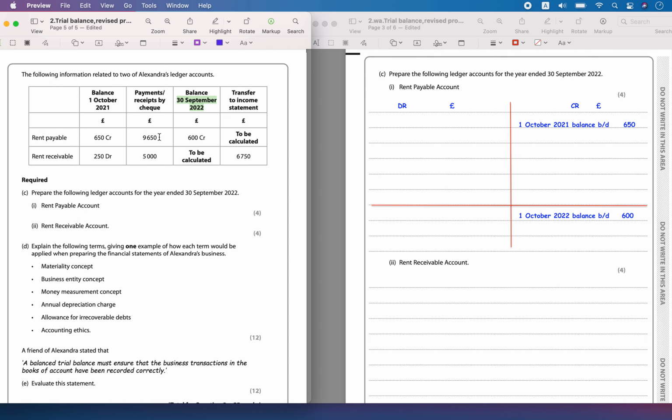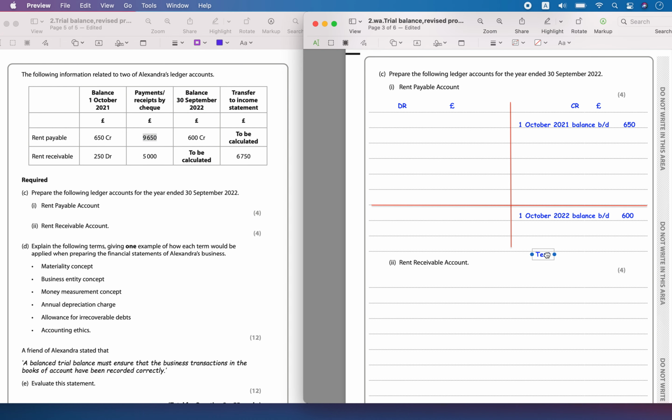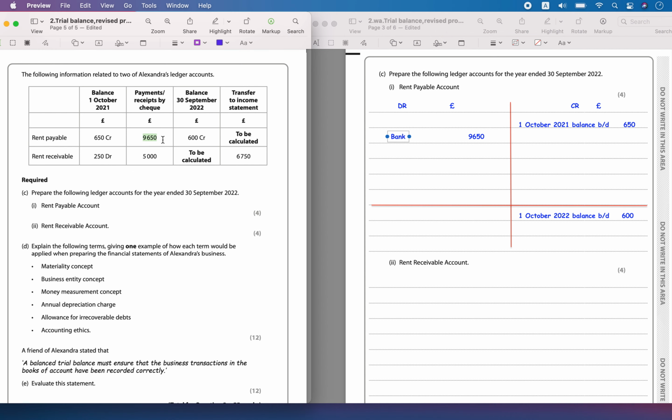Now some payments were made by cheque. So let's write that. Bank, it was 9,650. So 9,650 was paid.